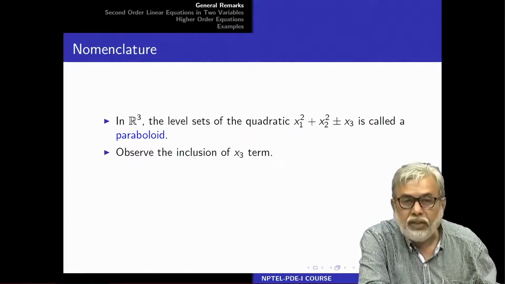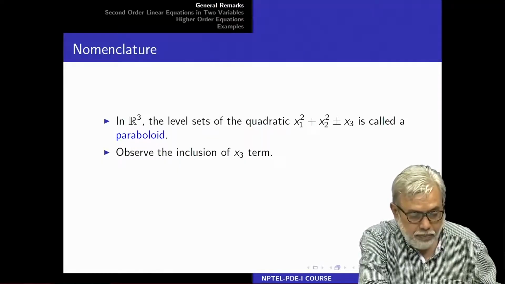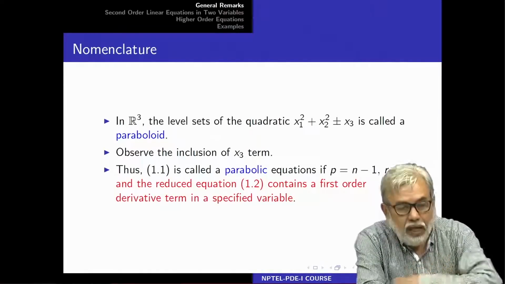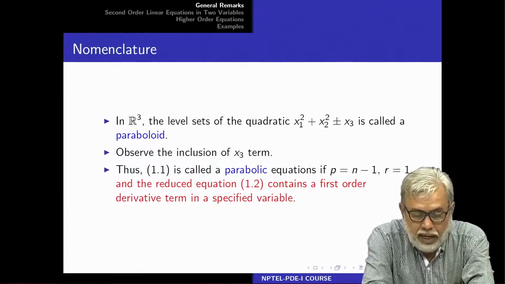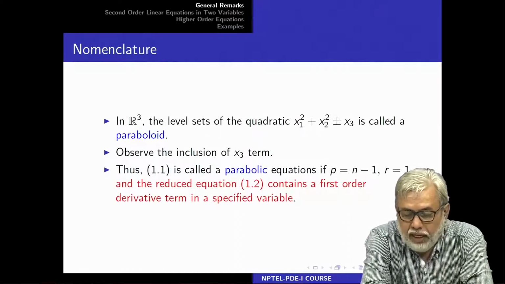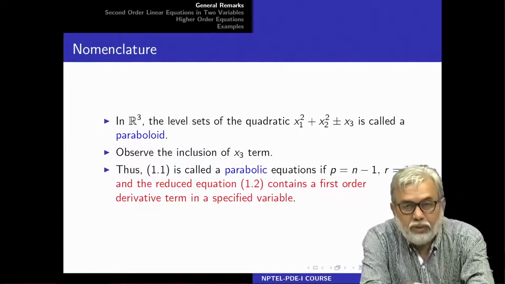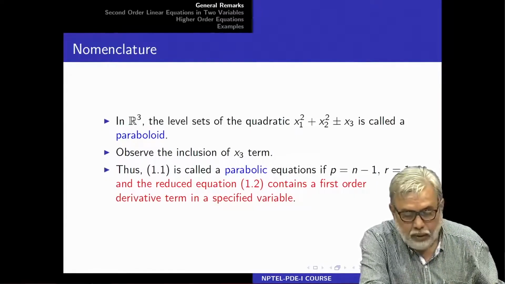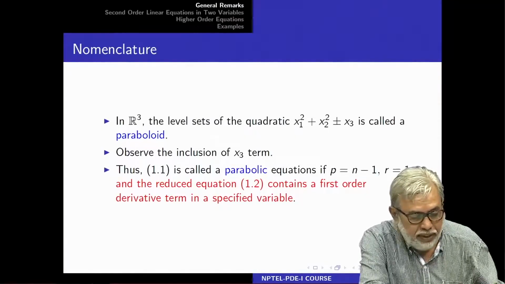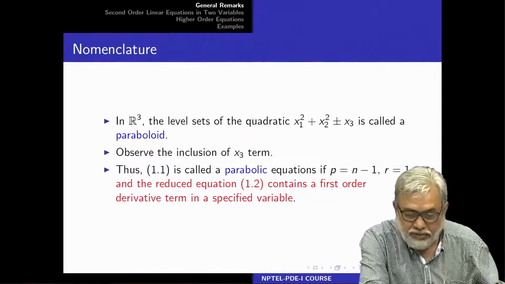and the same thing holds for the PDE. So, we call equation 1.1 a parabolic equation if p equals n minus 1 and r equals 1, and I have highlighted that the reduced equation 1.2 contains a first order derivative term in a specified variable.